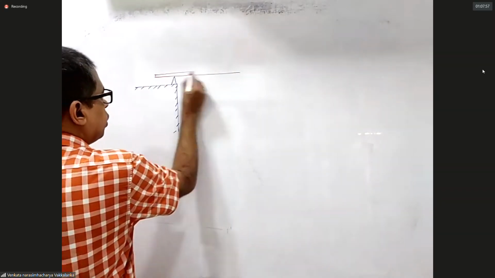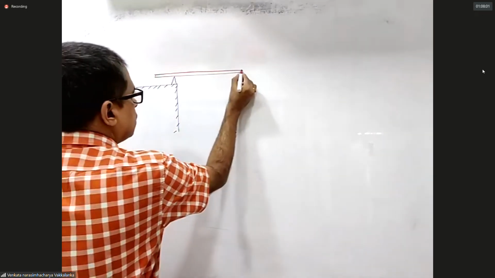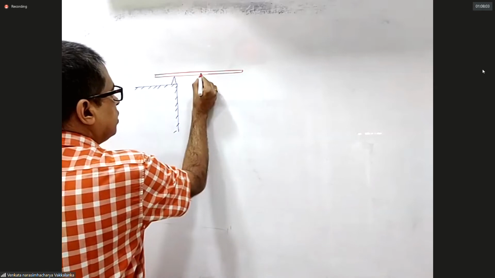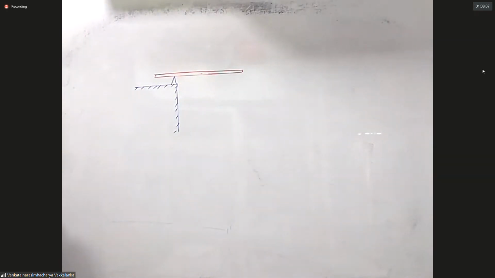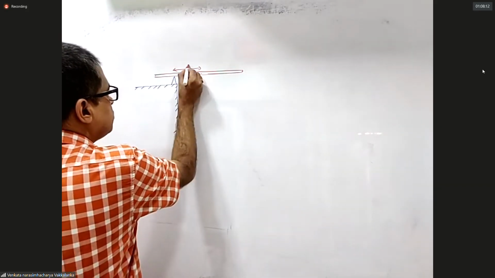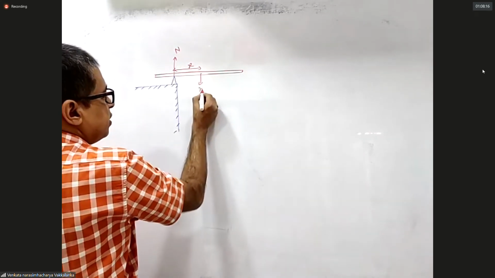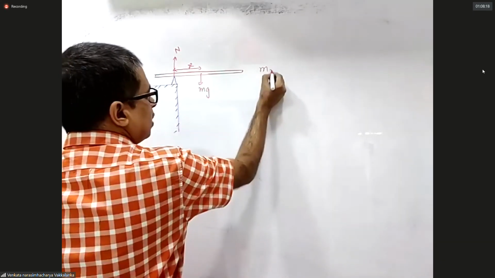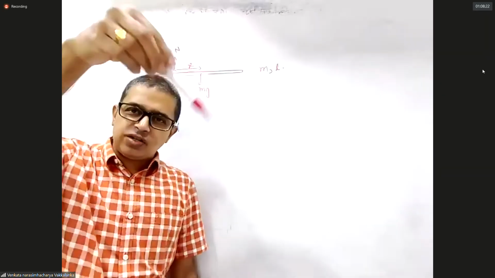There is a thin rod released from here. This distance is x. I have normal force here, mg here. M is the mass of the rod, L is the length of the rod. Obviously, the rod will start rotating.